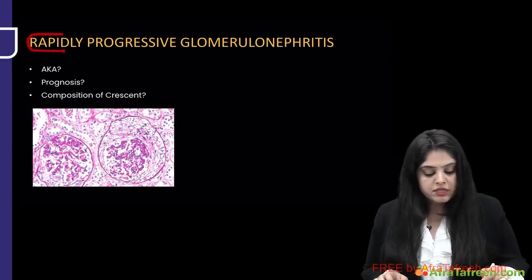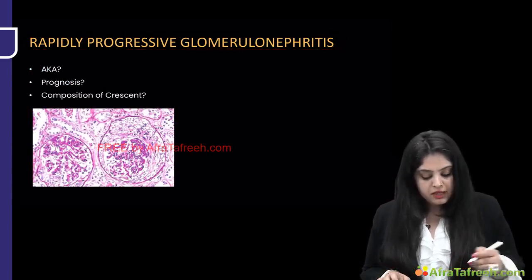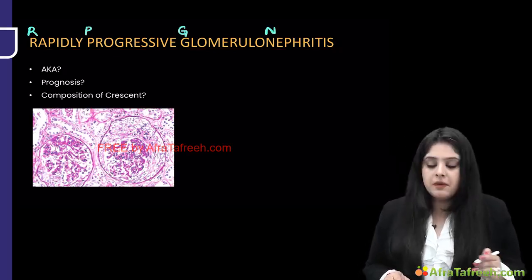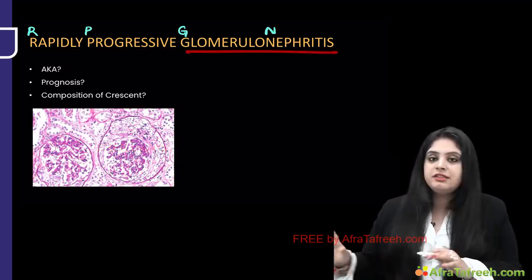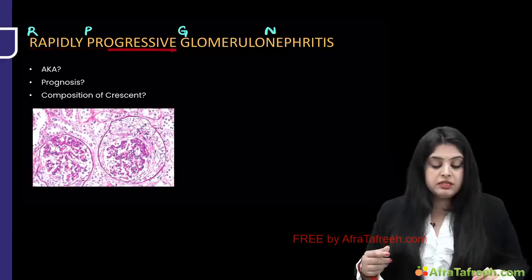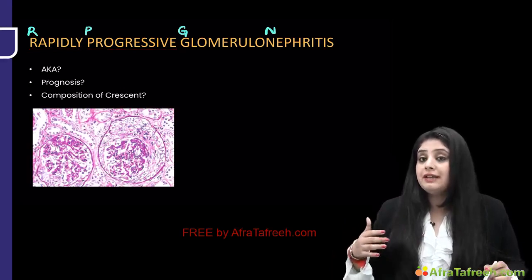We call it RPGN, rapidly progressive glomerulonephritis. It's sounding like a pathology term or a clinical term. Glomerulonephritis means kidney, okay, but rapidly and progressive. Rapidly means patient is deteriorating, his kidney function is deteriorating rapidly.